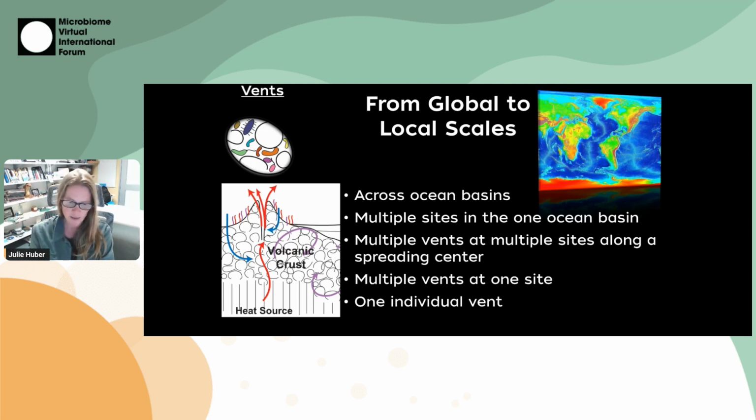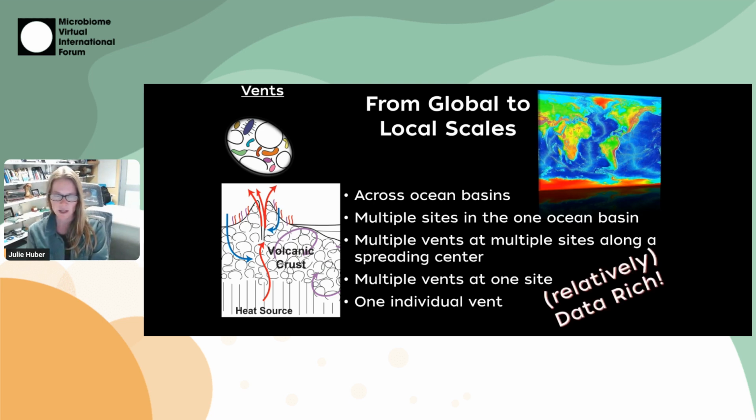And as I already mentioned, we're really data rich in the hydrothermal vent environment and relatively data poor in the ridge flank environment, although we have gotten a lot more data in the last 15 years from 2 sites in particular.